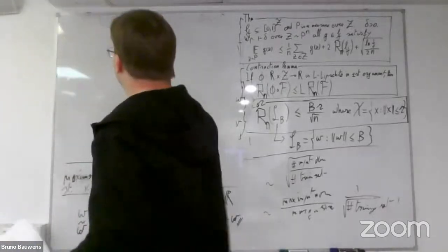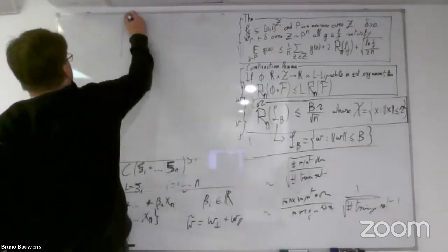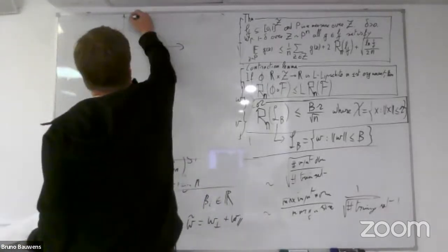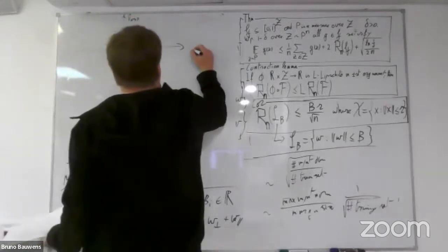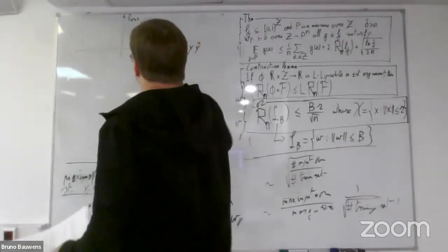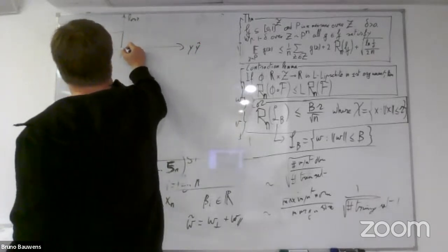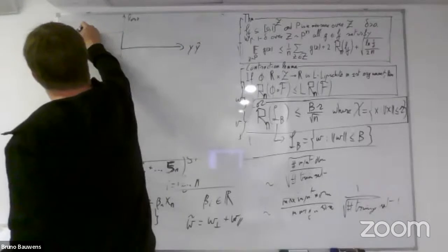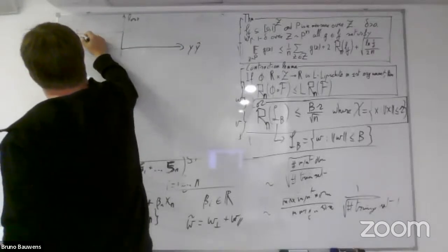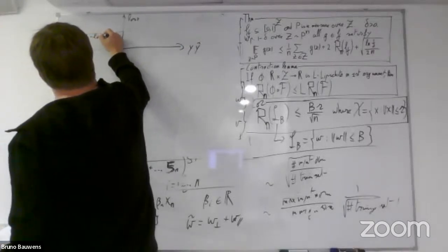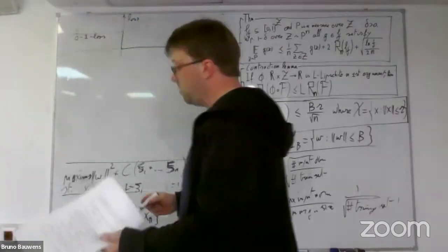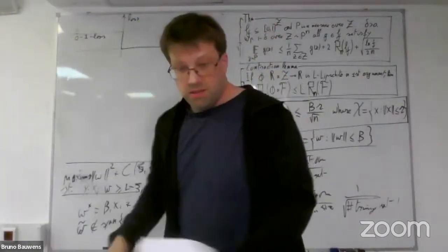So what are our loss functions? Here we have loss, and here we have y times y hat. The 0-1 loss means that here we are at 1, then we go to 0. Then margin loss.